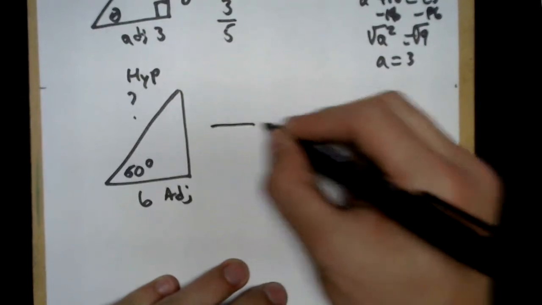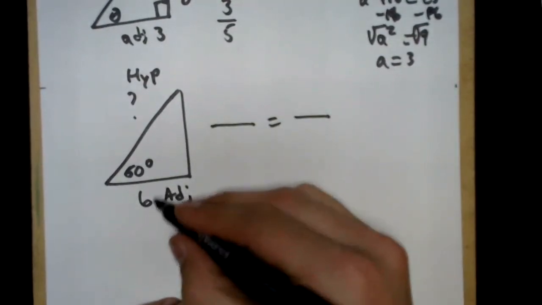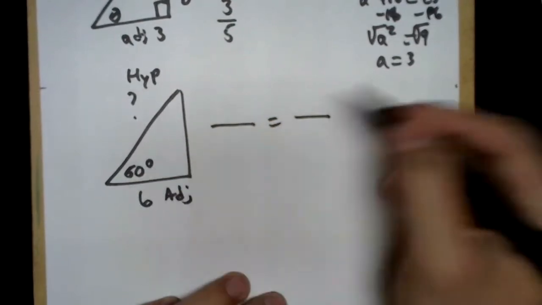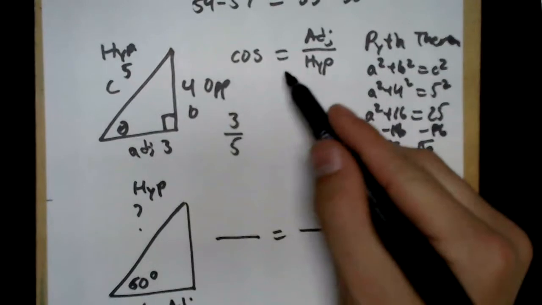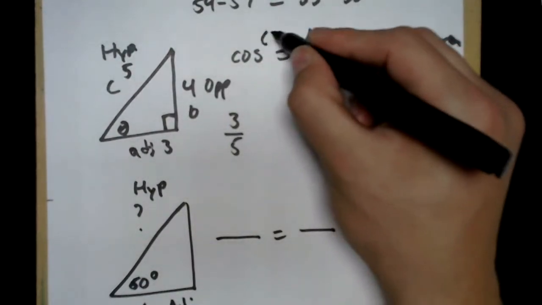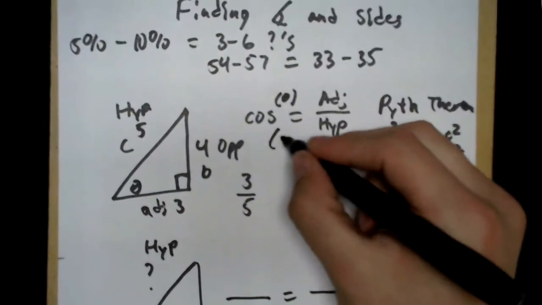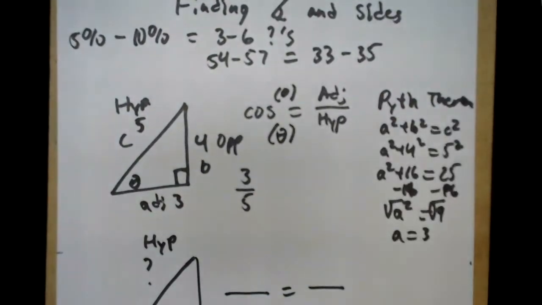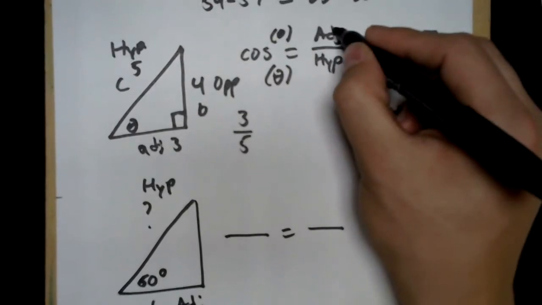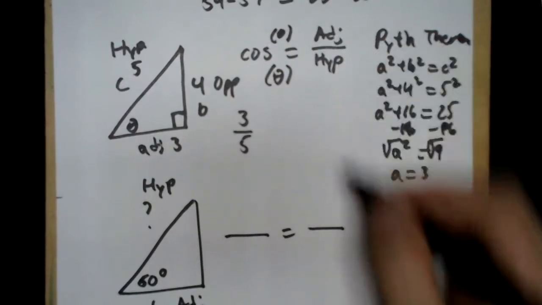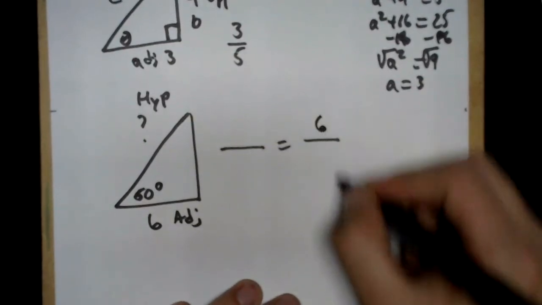So you can set them equal to each other, because this over this should equal this angle. Due to our definition up here, this will be cosine of theta. That's theta, not a 0. So cosine of theta is adjacent side over hypotenuse side. So your adjacent side goes here.